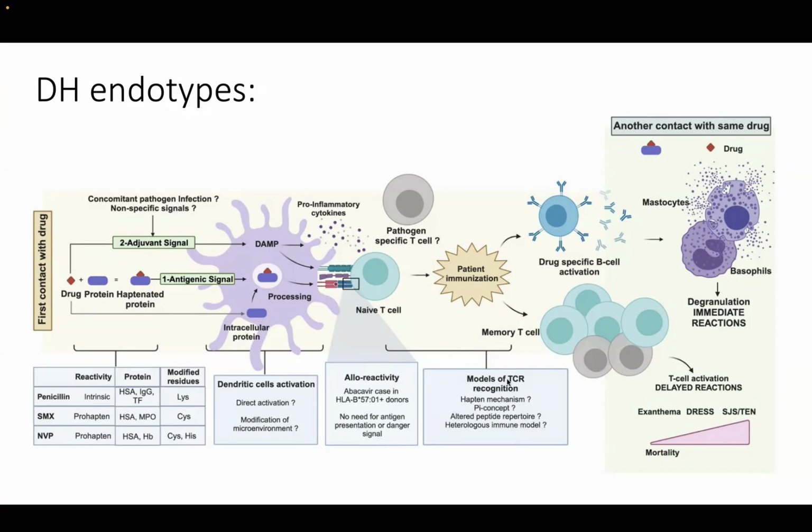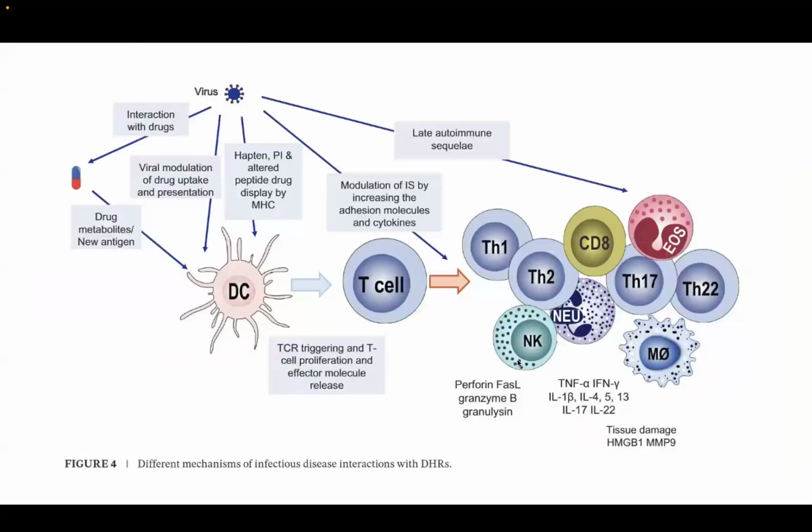So those mechanisms are mentioned here, which is the hapten mechanism that we explained here. Another mechanism for the delayed reaction is the PI concept. And also another one is altered peptide repertoire, and then the heterologous immune model. I will explain those also next.